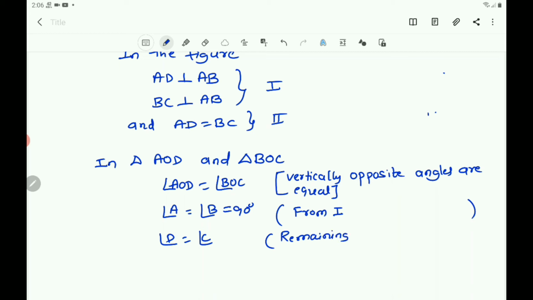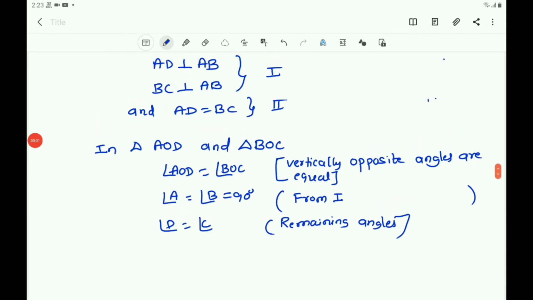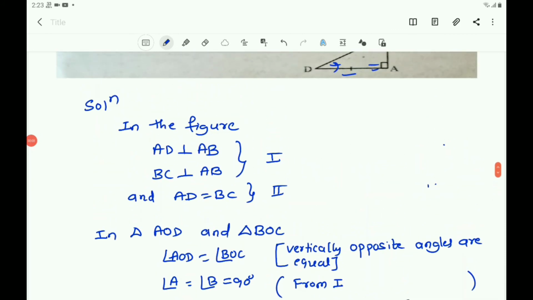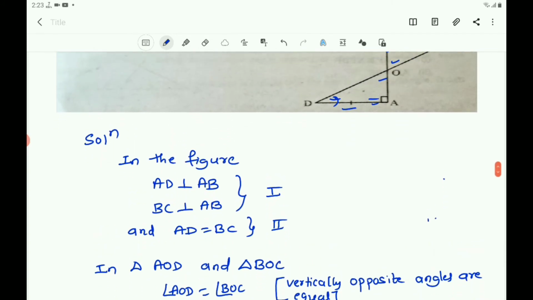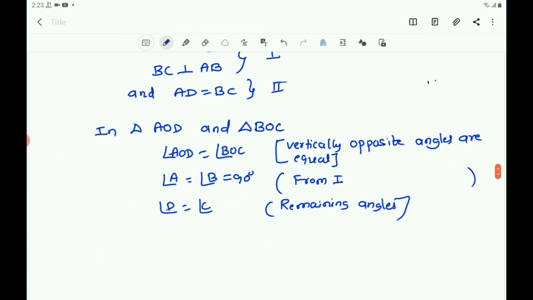If two pairs of equal angles are there, the third pair becomes equal. You got that all the pairs of corresponding angles of these two triangles are equal, and one side is given, that is AD is equal to BC. So you write AD is equal to BC. That is given. So what you got here? Angle A is equal to angle B.